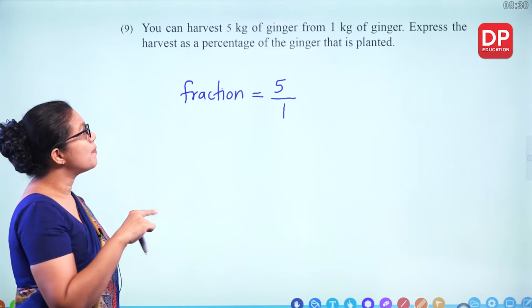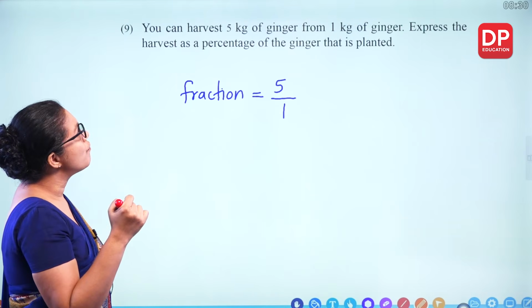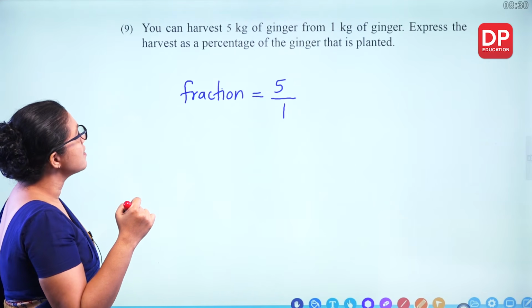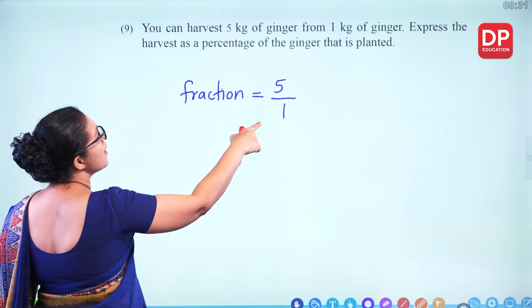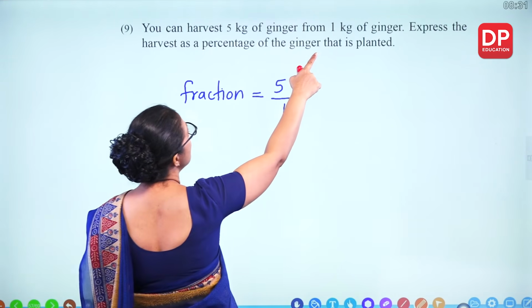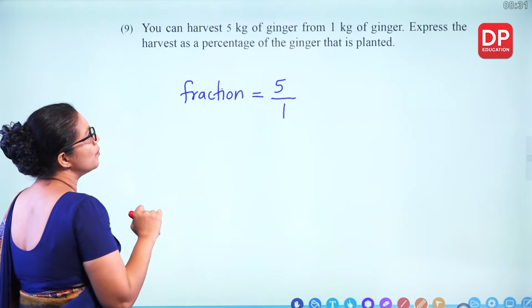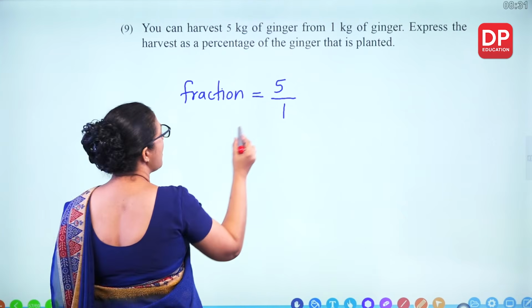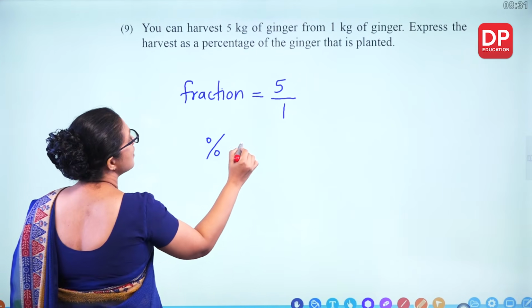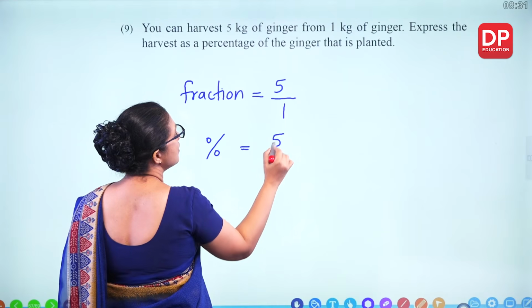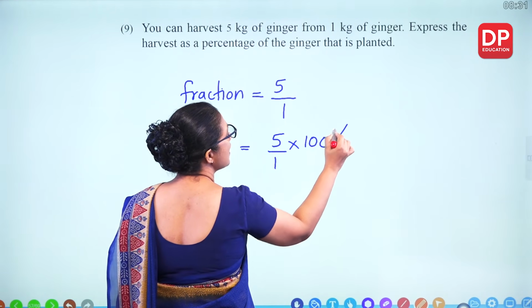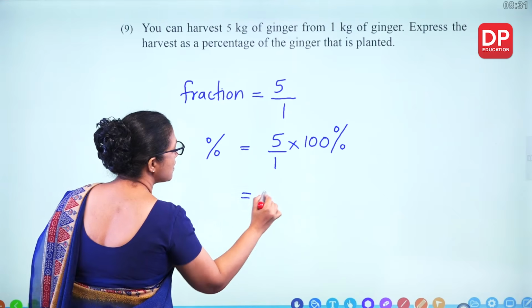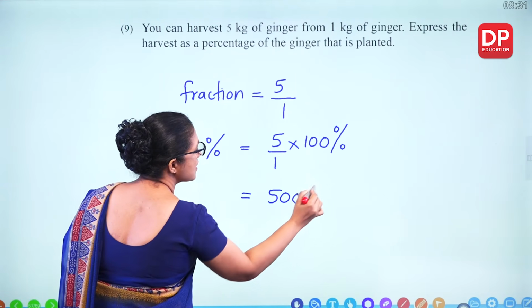Planted 1 kilo. So multiply by 100 to get the percentage value and put the sign. So you get 500%.